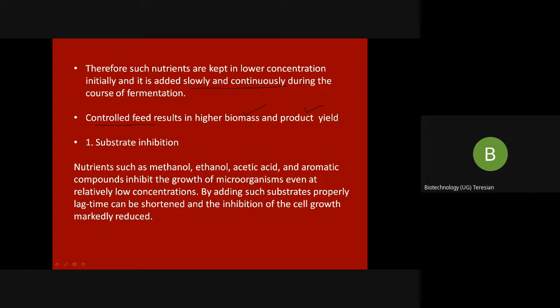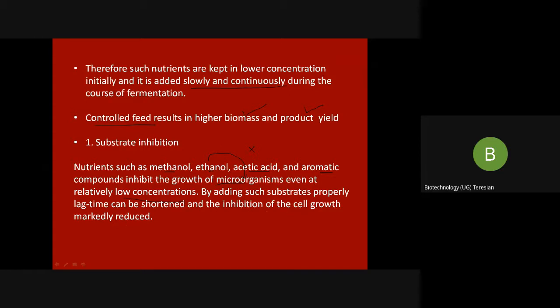See, nutrients such as methanol, ethanol, acetic acid, and aromatic compounds inhibit the growth of microorganisms, even at relatively low concentrations. By adding such substrate properly at the lag time, the lag time can be shortened and the inhibition of the cell growth is markedly reduced.